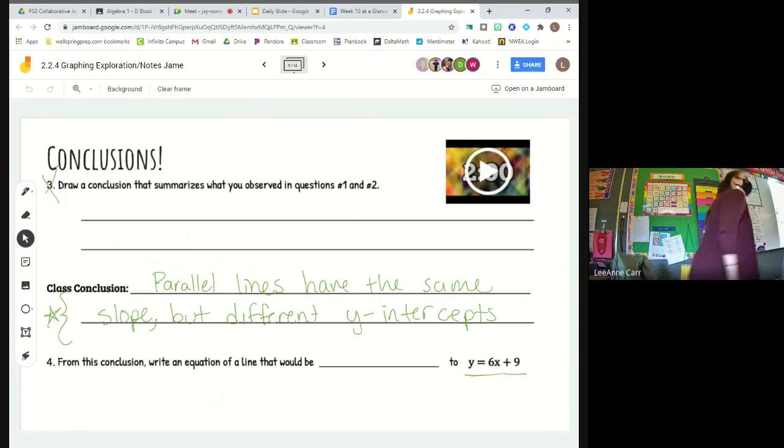Be right back. So our slope has to stay the same. So what's our slope in that equation? Looking at the y equals 6x plus 9, what's the slope in that equation?